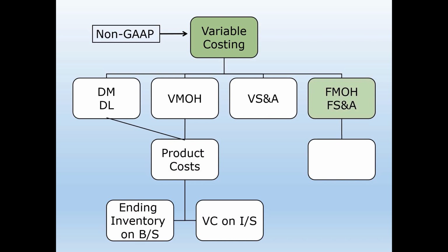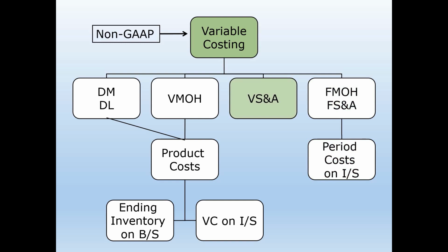The firm's fixed manufacturing overhead and fixed selling and administrative are expensed in the period when they are incurred. That means that they're going to be treated as period costs on the income statement.